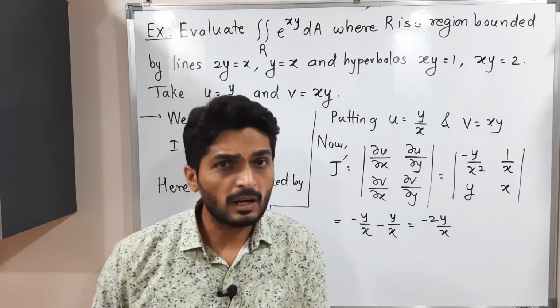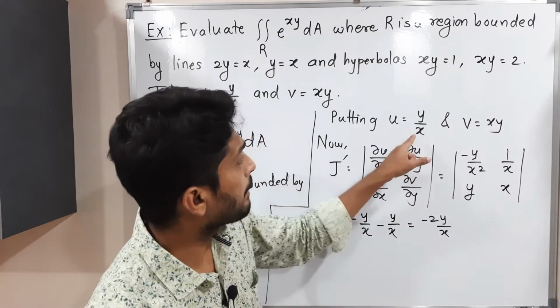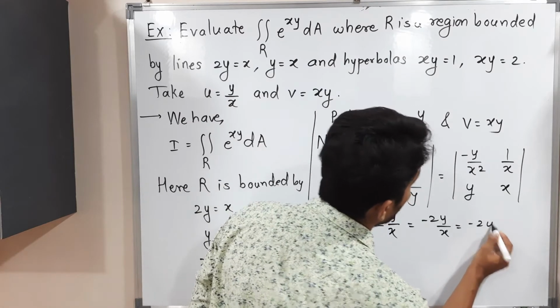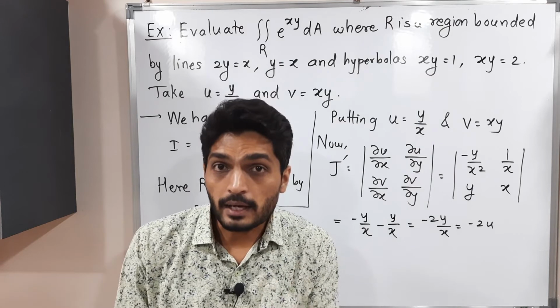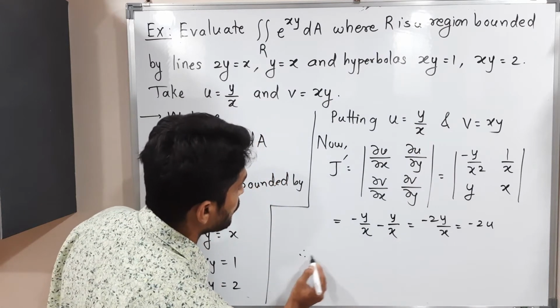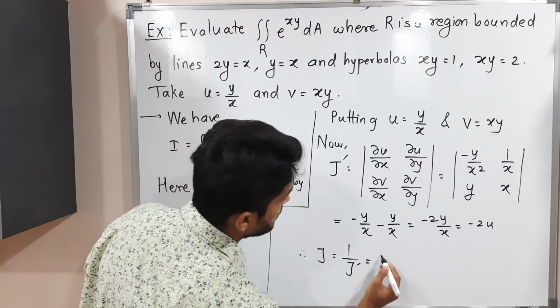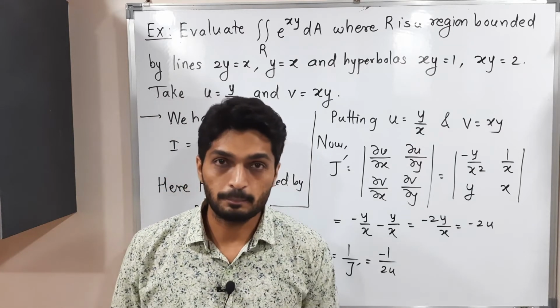But you remember y by x, we have seen this term somewhere. Yes, y by x is nothing but u, so this is minus 2u. In this way we calculated z dash, but our main target is to calculate z, that means the Jacobian. So z is nothing but 1 upon z dash, which is minus 1 upon 2u. In this way we calculated z.